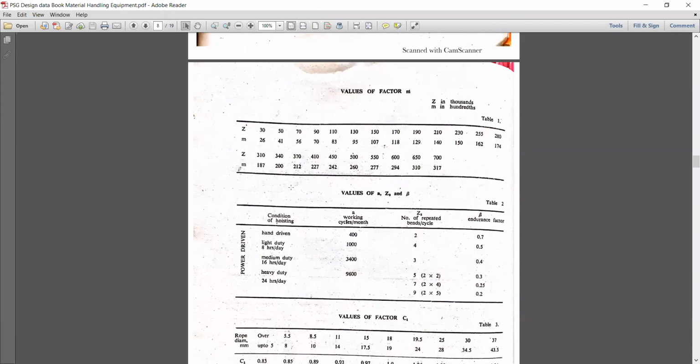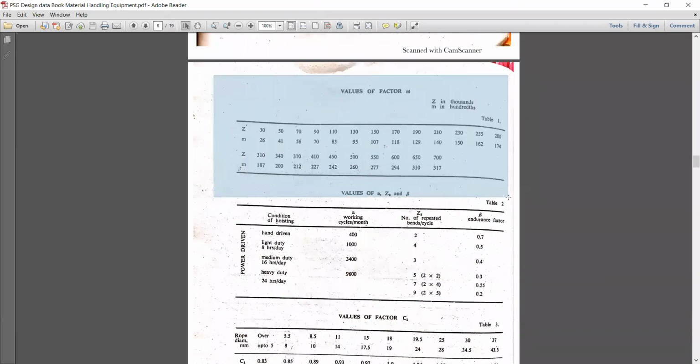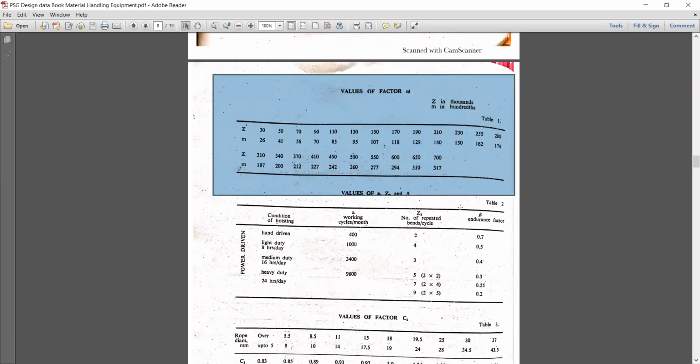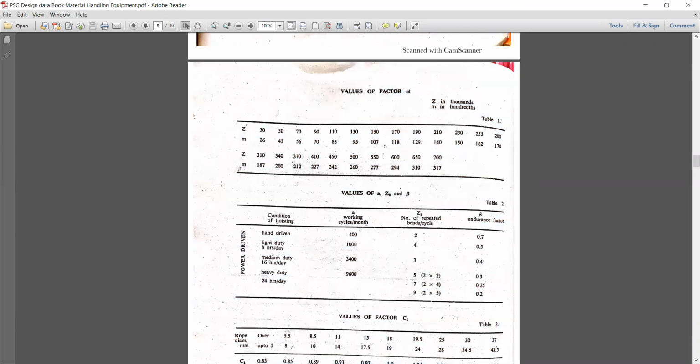So here, in table number 1, we have to refer for calculating the value of m and z. So multiplying 1.94 by 100, we get m is equal to 194. Okay, so m is equal to 194.